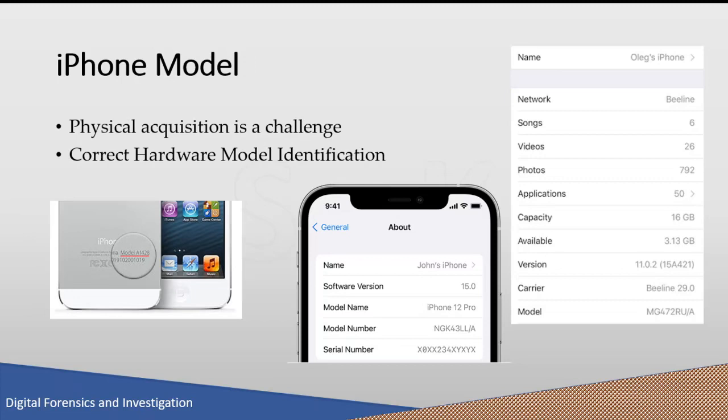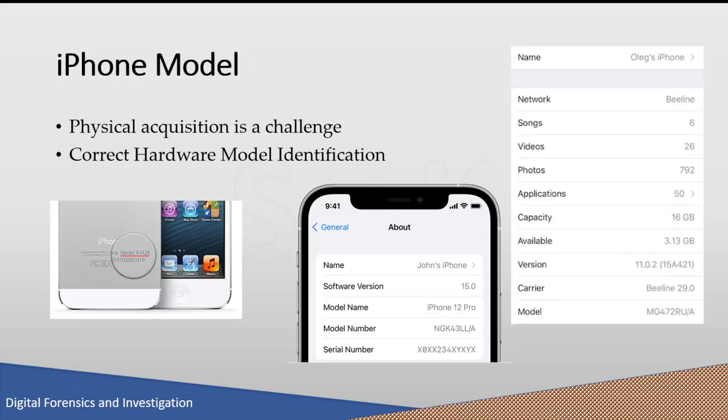The examiner must know the model number of the device, just to ensure that they have the proper tools and methodologies which can support that iPhone. They must also determine the internal storage of the iPhone to ensure that the evidence container is large enough for the entire forensic image. Most tools will not alert the examiner that there is not enough space available on the evidence drive until the space has run out.